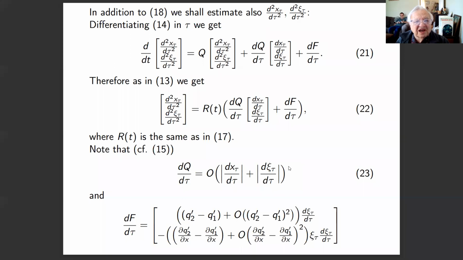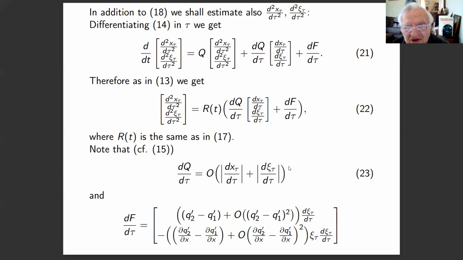So differentiating the equation for the first derivative, we get formula 21, where Q is the same as it was for the first derivative.